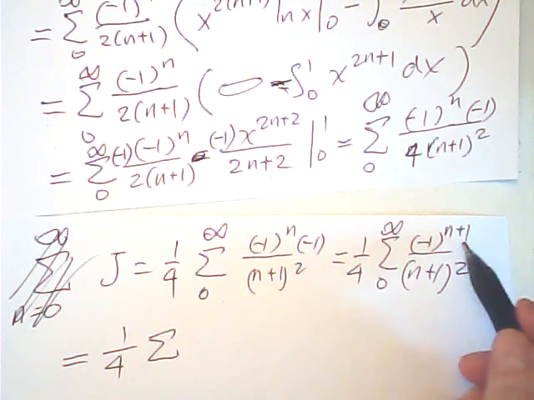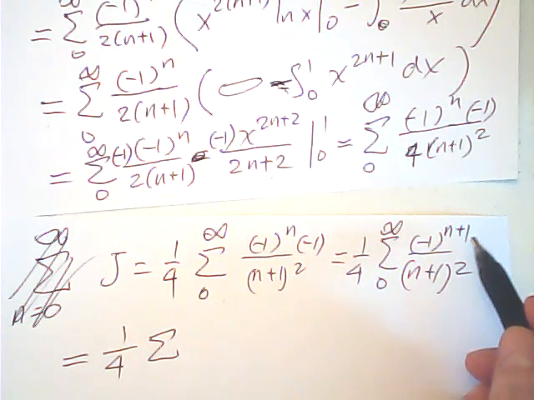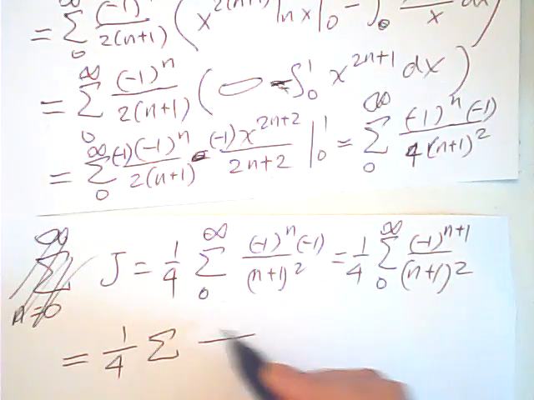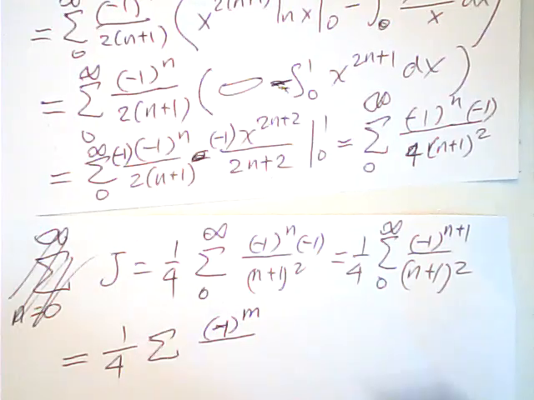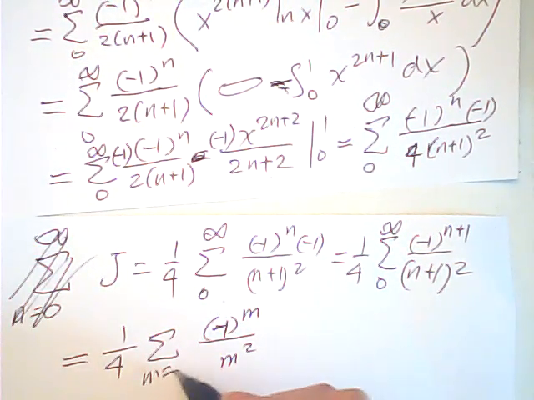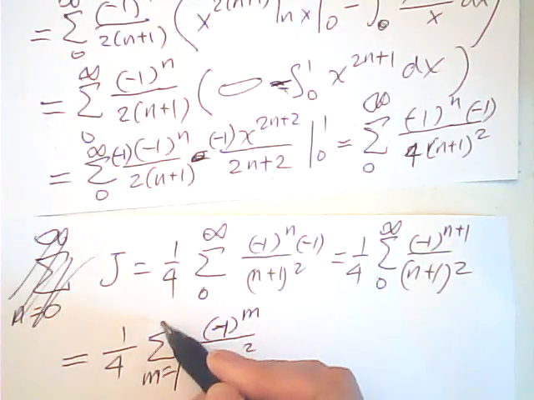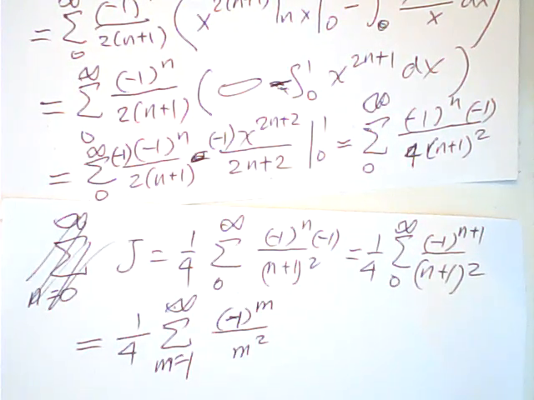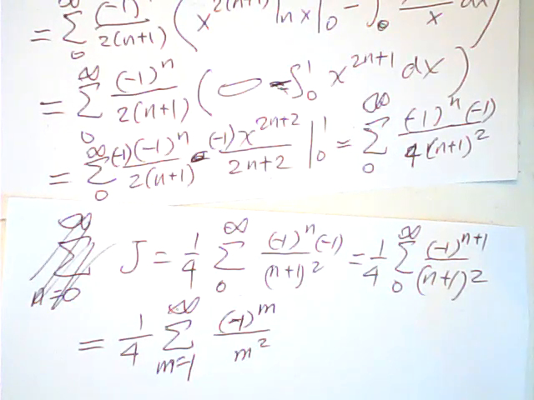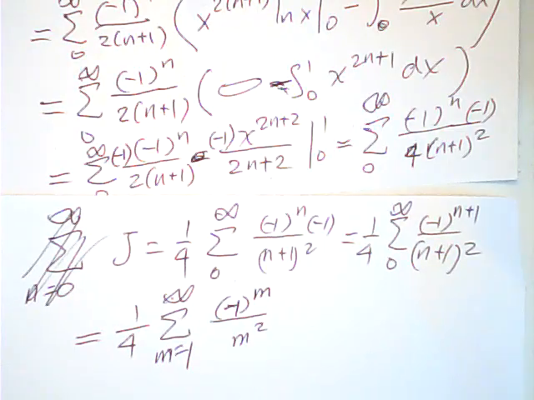I replaced n by m for n plus 1. So it becomes minus 1 to the m over m square. This m is from 1 to infinity. Yeah, that is better.